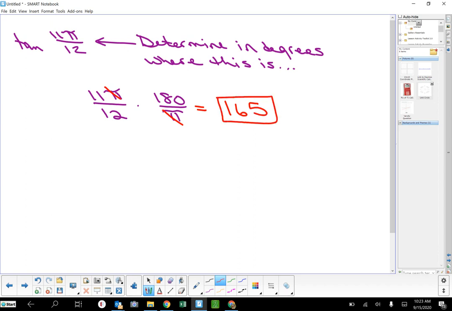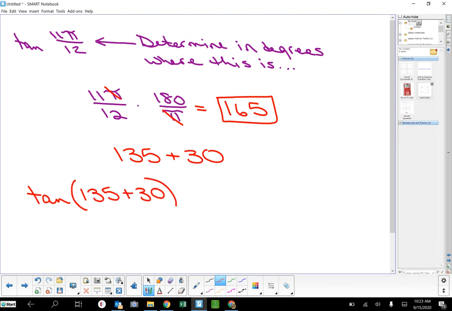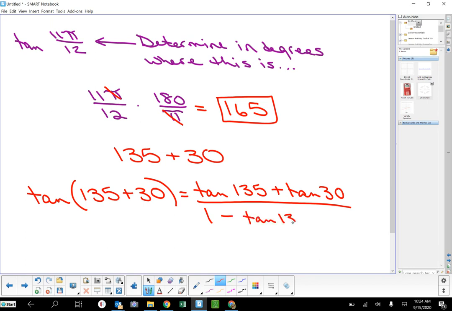So how are you going to get to 165? Well, the thing that stood out to me was 135 plus 30. And so if you need tangent, you're now going to go tangent of 135 plus 30, and you're going to expand that out. So you would use tangent of 135 plus tangent of 30 over 1 minus tangent 135, multiplied times tangent 30. And then you'd finish that out from there, okay?